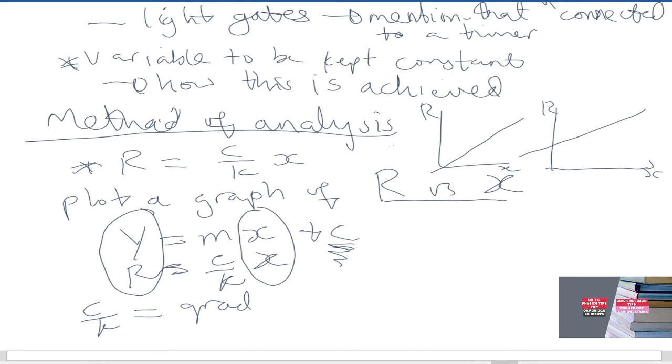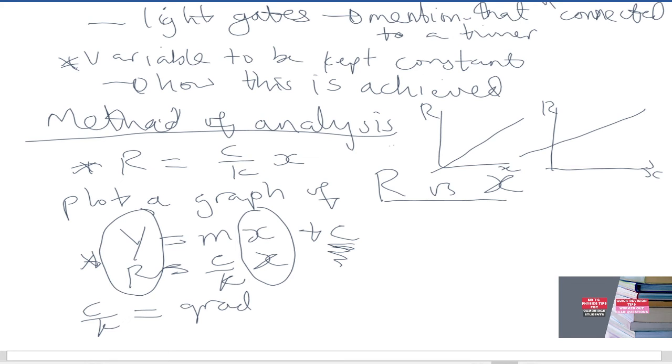Now, it is not enough to just leave it like this and say y is equal to mx plus c, then circle like this. You need to mention that you plot a graph of R versus X. Mentioning y is equal to mx plus c and not explaining the significance of y is equal to mx plus c in this question does not score any mark.